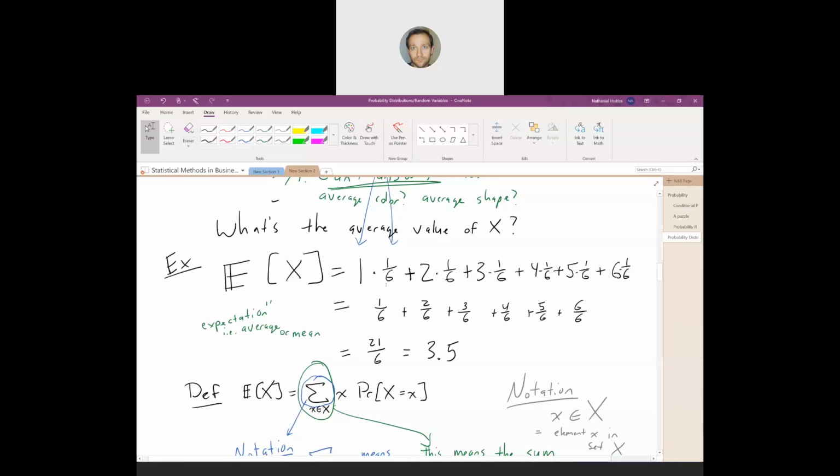So here you have the different number outcomes, and each of them are scaled by their probability of happening. This is the definition of expectation, which is just the average, also the mean. And in the case of rolling a die, you could say that on average, you will get the number 3.5.